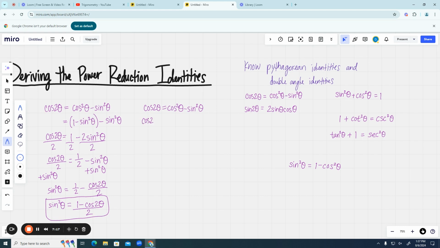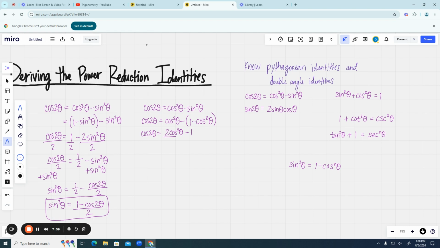So I'll rewrite that here. We'll have this, and don't forget the minus sign. If you distribute that negative sign, you're going to have a positive cosine, so you're going to have 2 cosine squared theta. We just add them, and then we're going to have minus 1. Then it's the same thing as the other side.